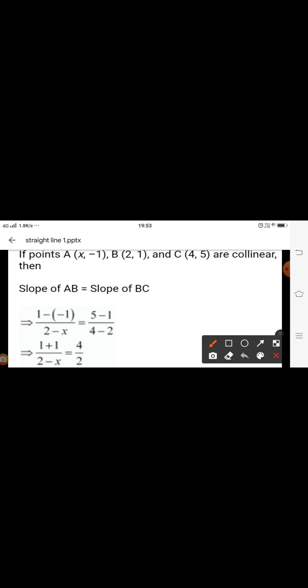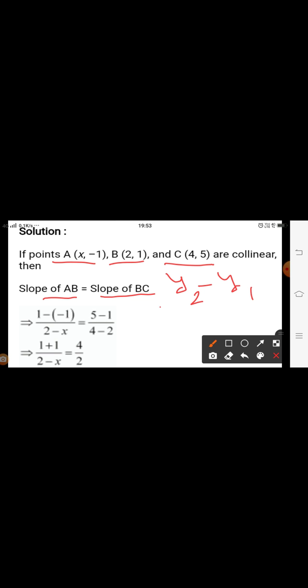Then let us use this concept and put in the values. Taking the given coordinates as A, B, C, the concept is that the slope of AB is equal to the slope of BC. Using y2 minus y1 upon x2 minus x1 and putting in these values, we get (1 + 1)/(2 - x) = 4/2.